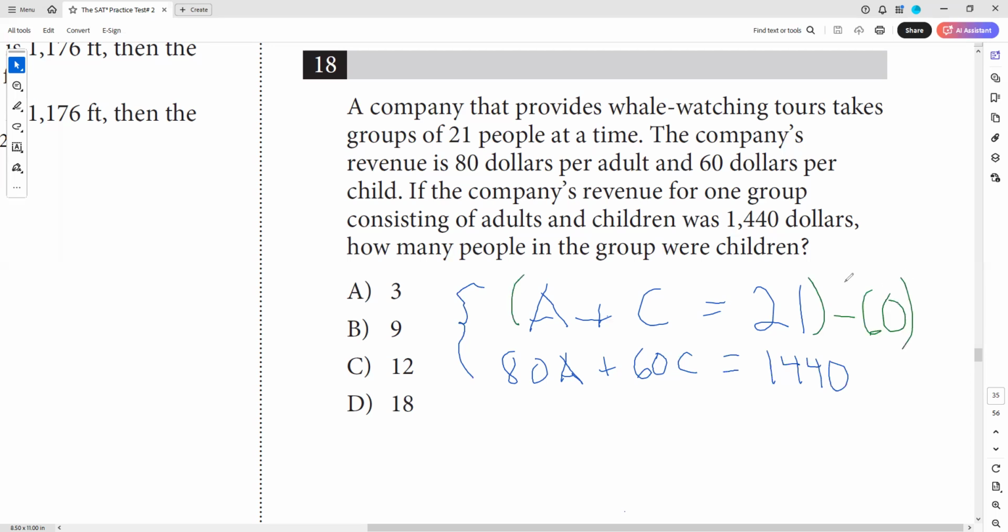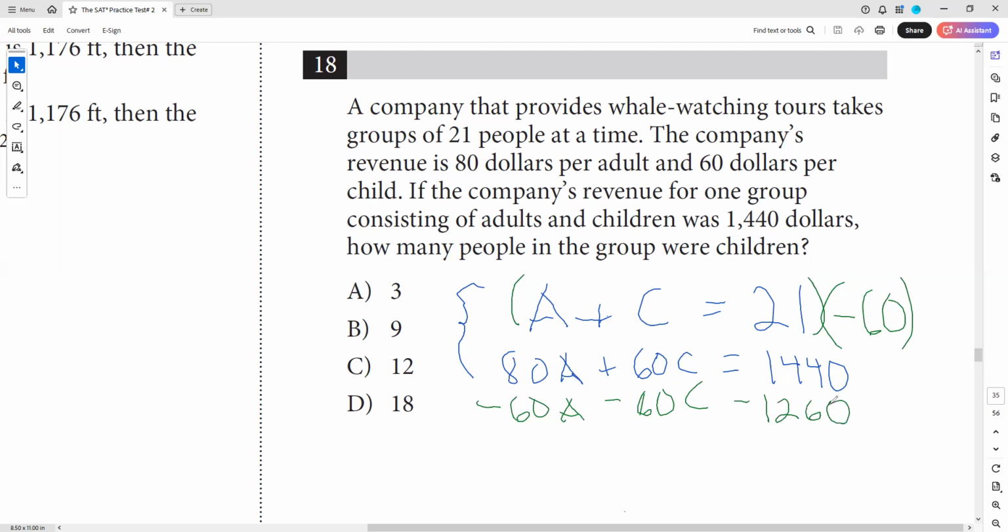If we multiply it times negative 60, we are going to get negative 60A, negative 60C, and 21 times negative 60 is negative 1260.